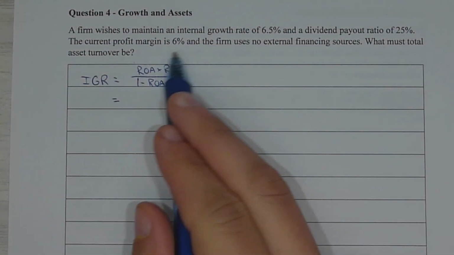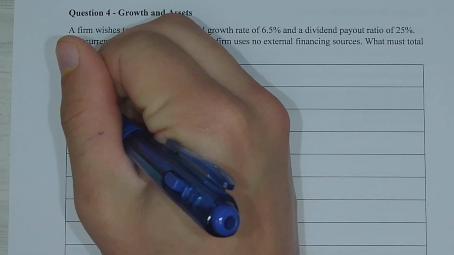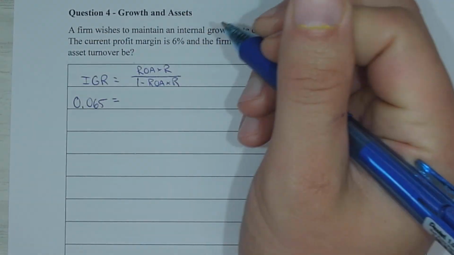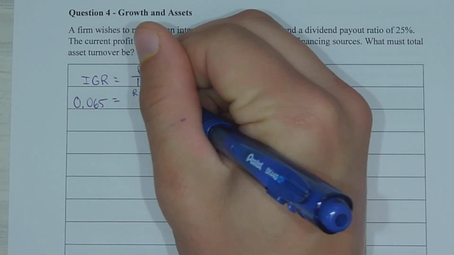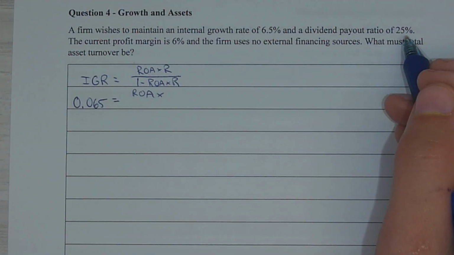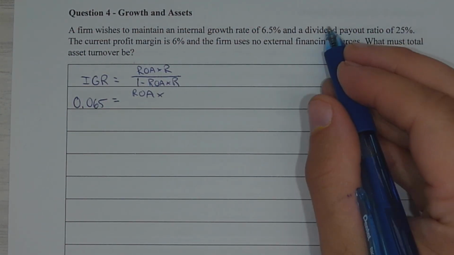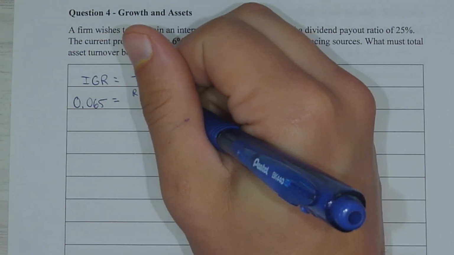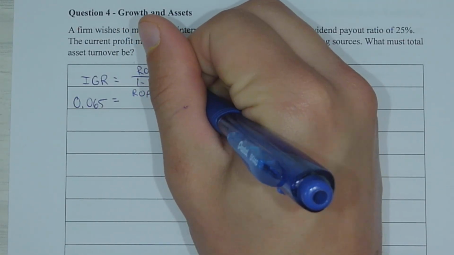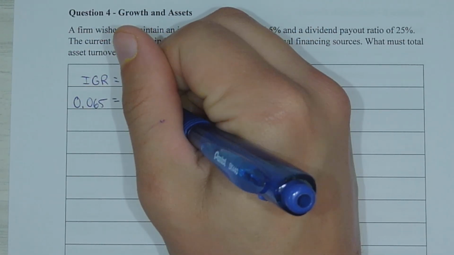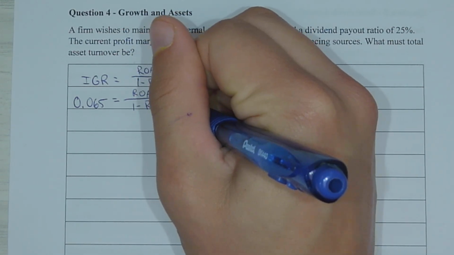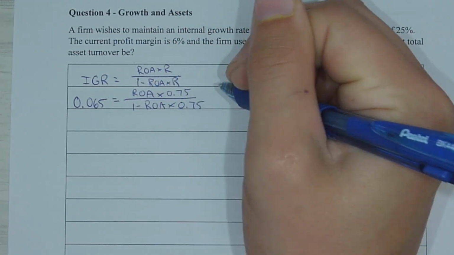So our IGR is 0.065, and it's equal to ROA times our retention rate. If we're paying out 25, we're going to retain 75, over 1 minus ROA times 0.75.